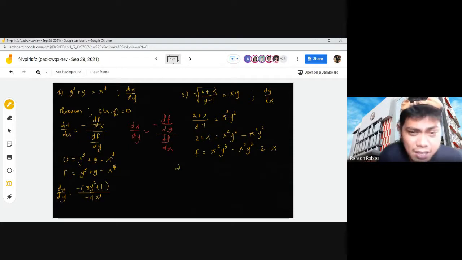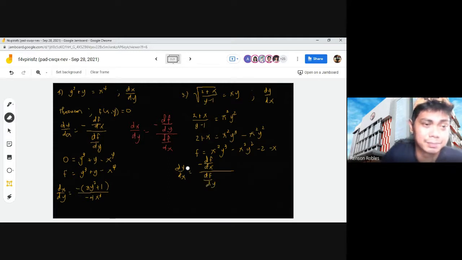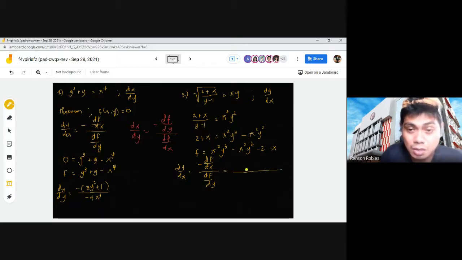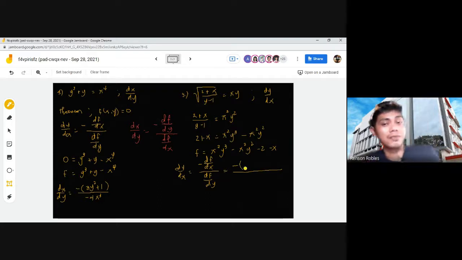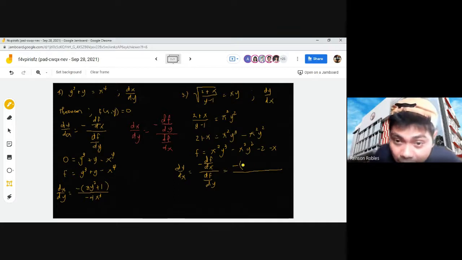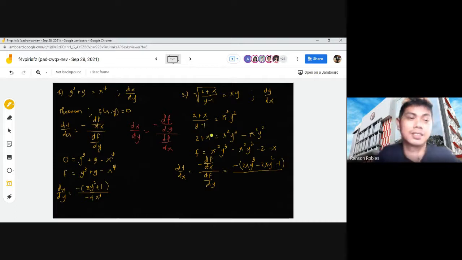Then finally, dy dx equals negative derivative of f in terms of x, all over derivative of f in terms of y, equals negative times, in terms of x, that is 2x y cubed, in terms of x, negative 2x y squared, in terms of x, 0, in terms of x, negative 1.